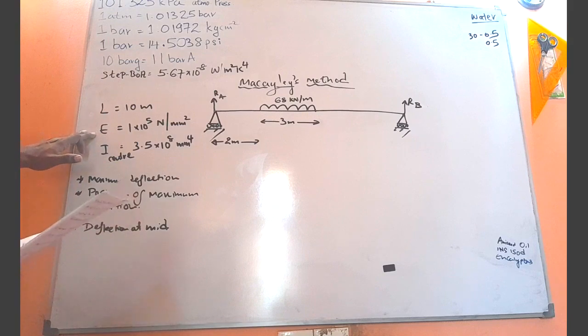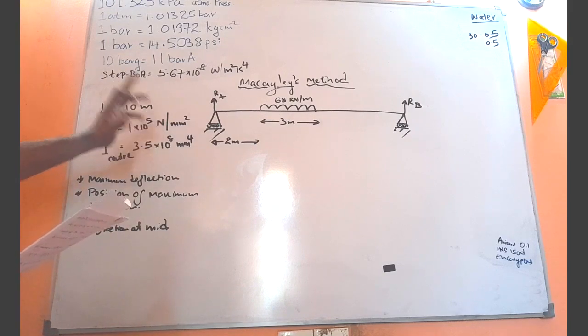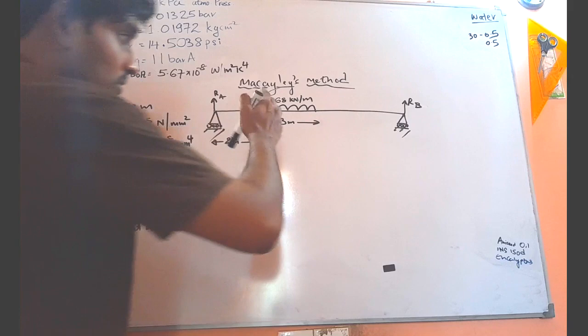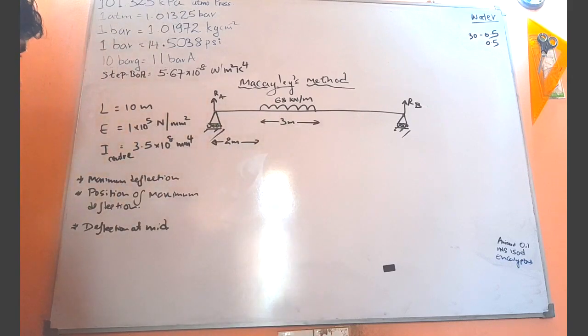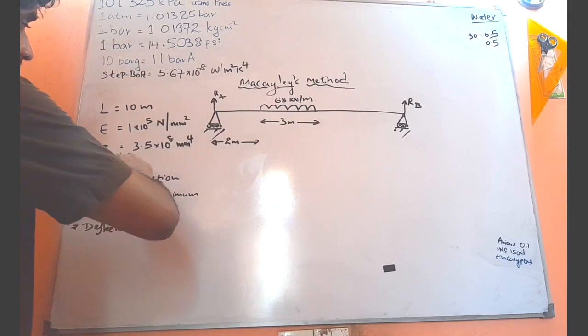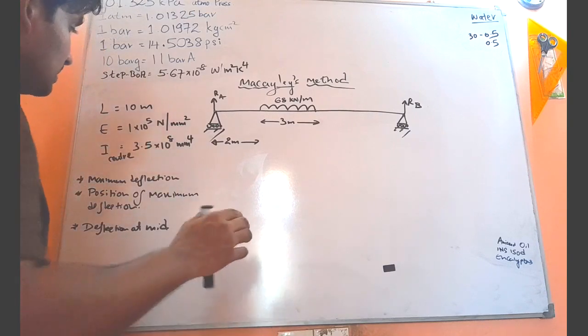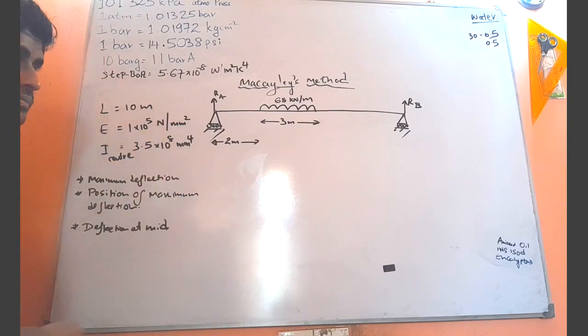Modulus of elasticity is given as 1 into 10 to the power 5 newtons per millimeter squared. And the next thing, if you consider the cross section of the beam, the second moment of area of the beam is given about the center.